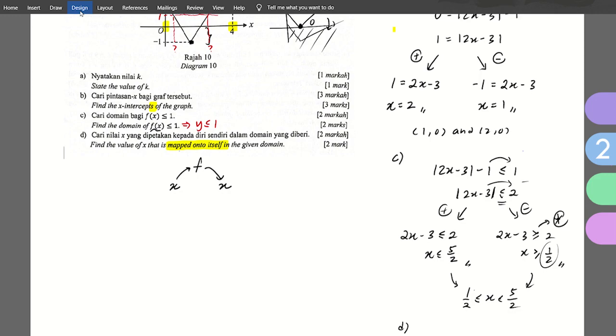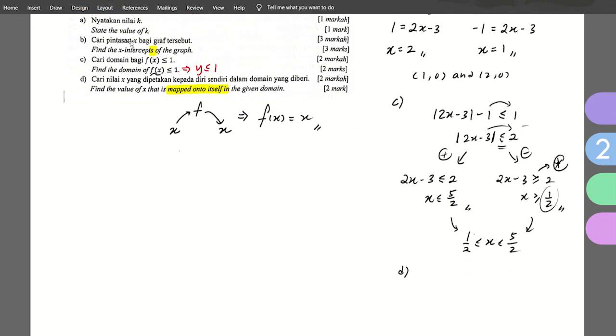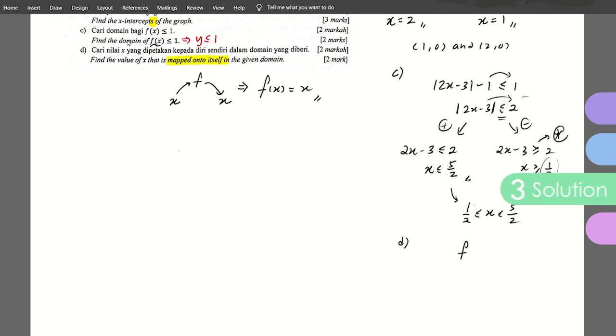If I put this into equation format, it will be f of x equals x. You put in this value, it comes out the same value. So we can use this to solve this question.